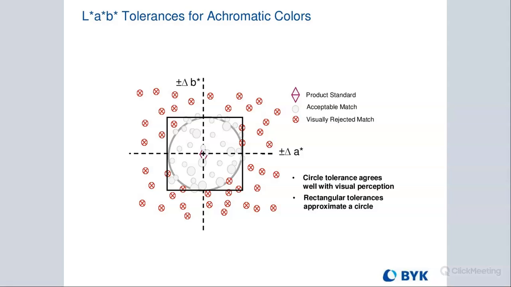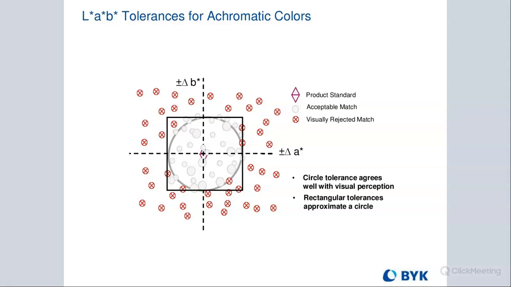When using this box tolerance, it works in most cases, specifically for solid colors. The issue that you run into is that we see some X's are inside of our tolerance, when they should be outside because they're visually rejected.